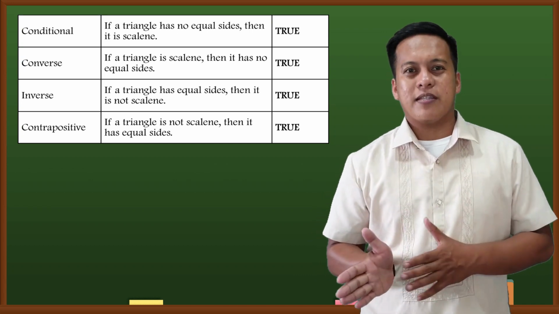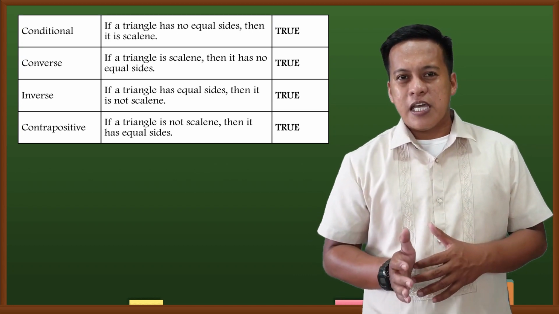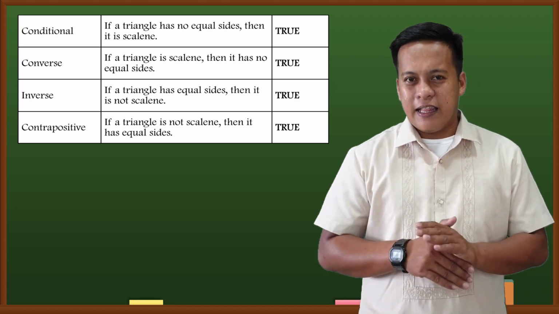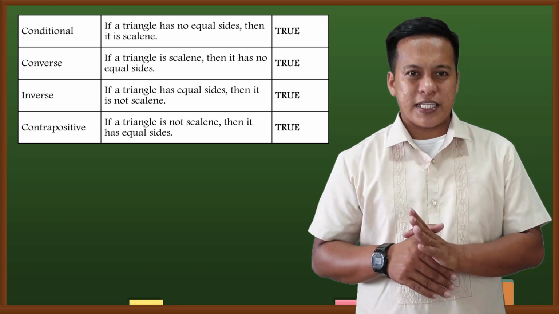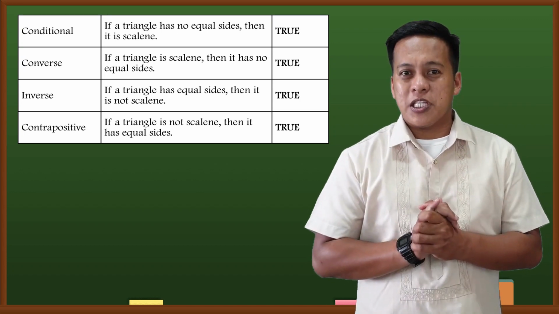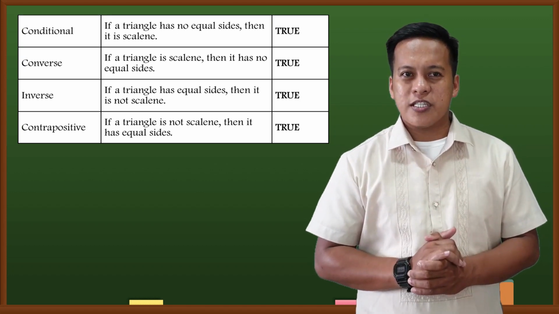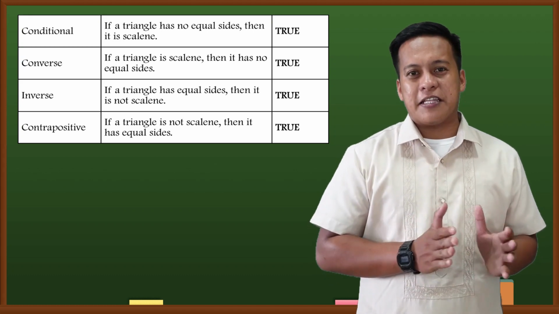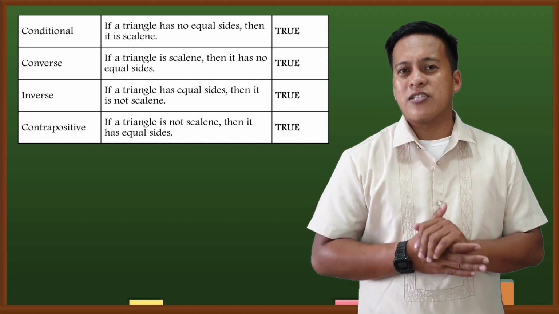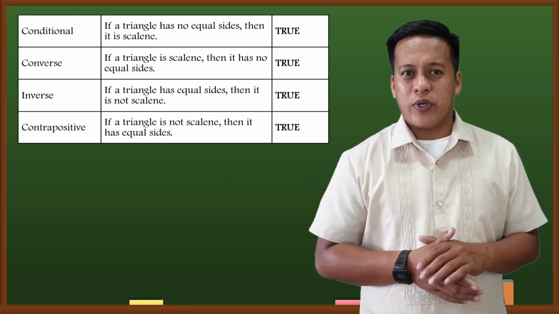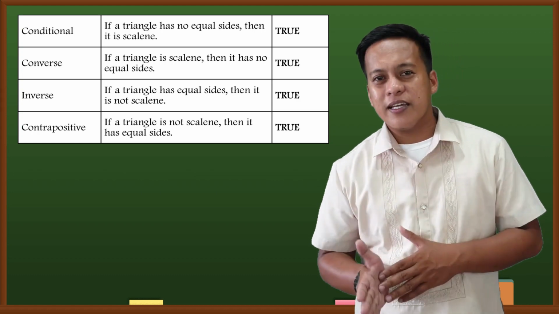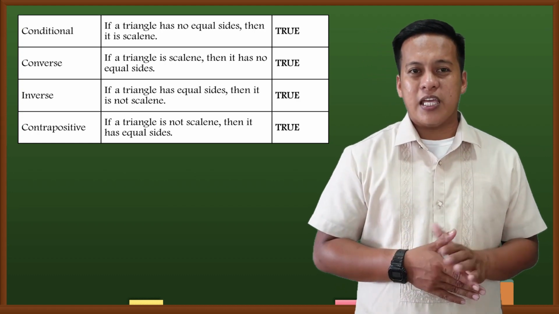For the contrapositive, we have, if a triangle is not scalene, then it has equal sides. The statement is true because if a triangle is not scalene, then it could be either an isosceles triangle, which has two equal sides, or an equilateral triangle, which has three equal sides.